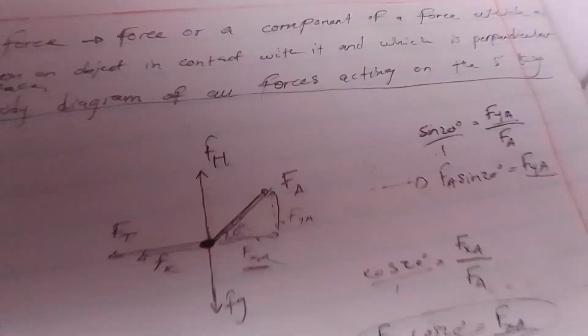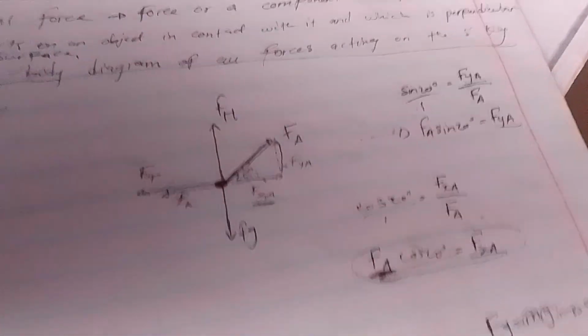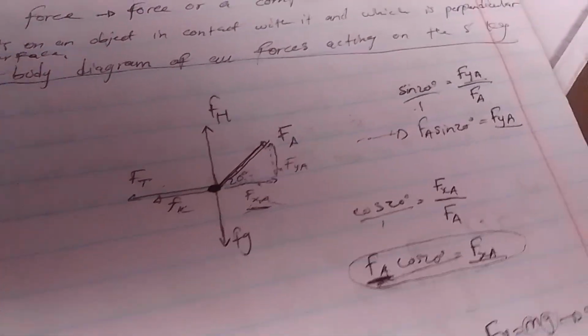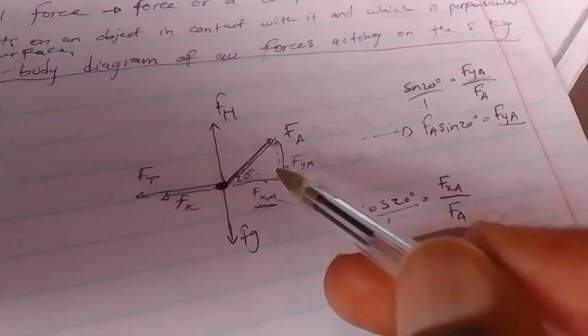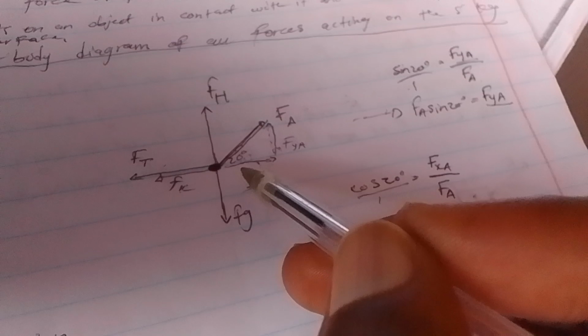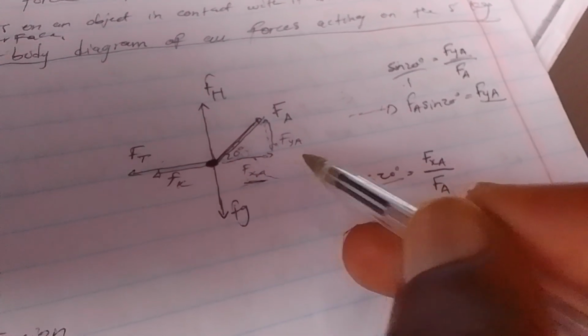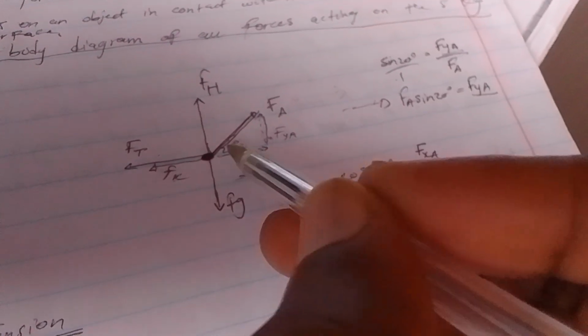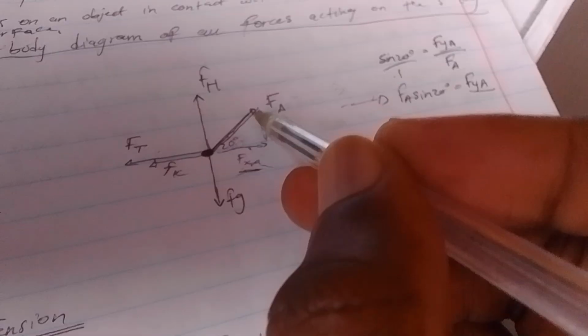When you deal with the vertical forces now, okay, look at this thing. The force that is being applied has a component that is acting on our y direction. And look at this thing. The direction it is going is to the right.